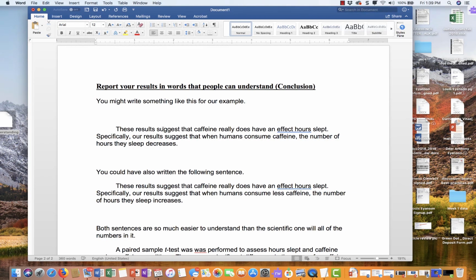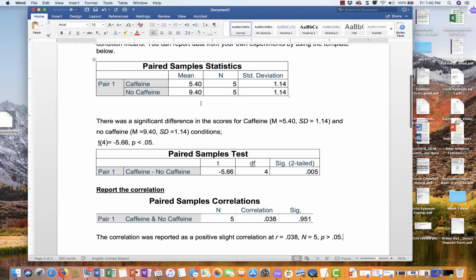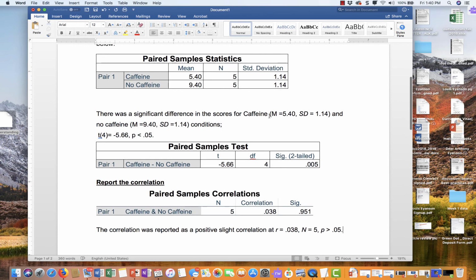Now, the conclusion. Remember, the conclusion is basically taking all the information and writing it up. So if I go back up here again and I look at the means, for the first part of it, I know that the no caffeine hours slept was higher than caffeine.